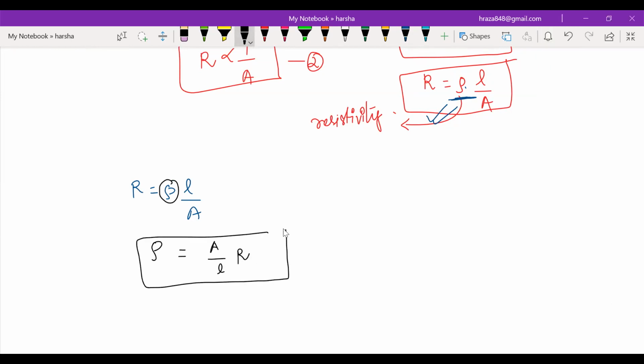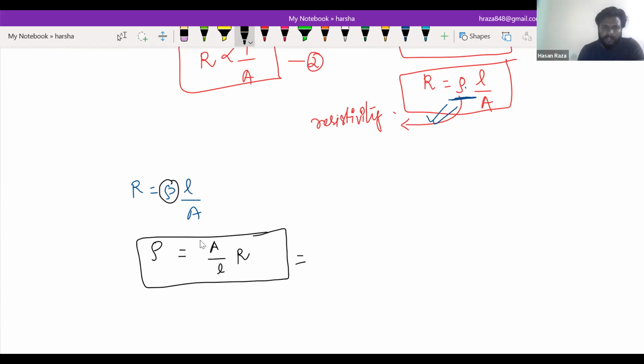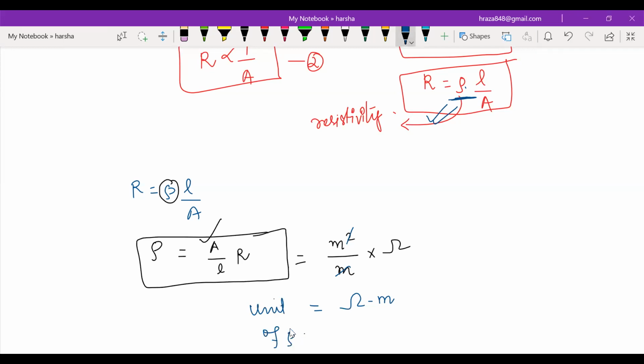Yes or no? Yes, sir. Now, you know the unit of area is meter square, and unit of length is meter, and unit of R is ohm. Now you can cancel this. So the unit of resistivity will be ohm meter. Got it? Yes, sir. Very good.